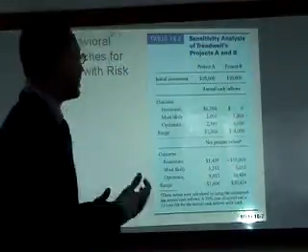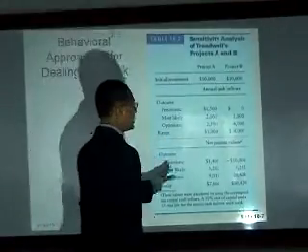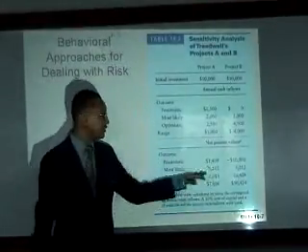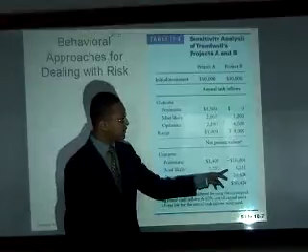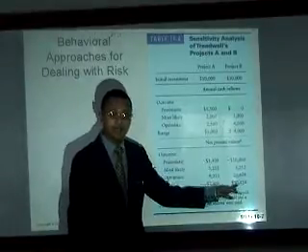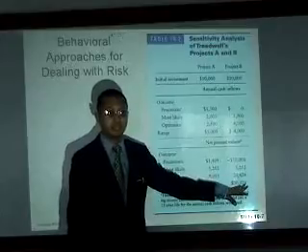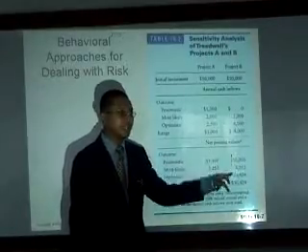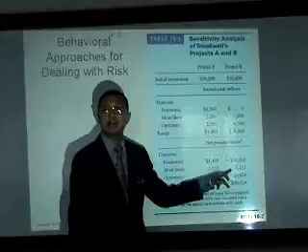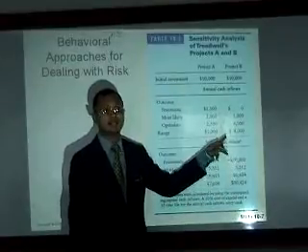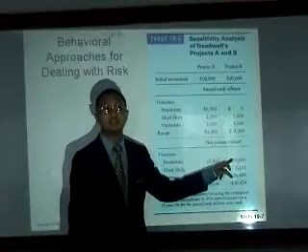Looking at the information given after you have calculated all the NPVs, you can see that project B has a higher range. Basically, the higher the range, the higher the risk that the project is facing.